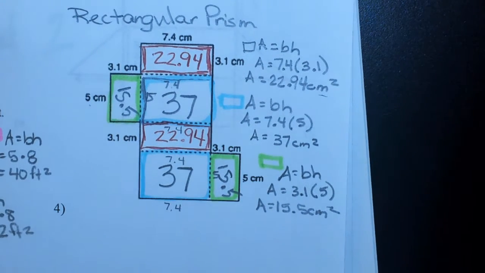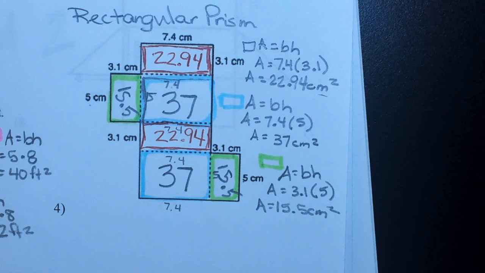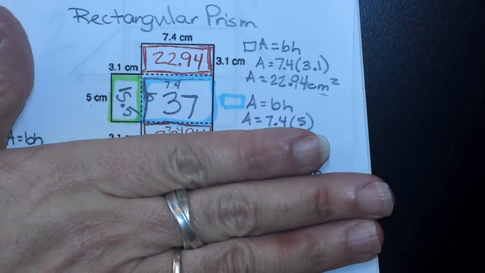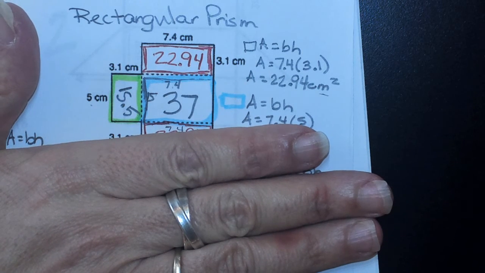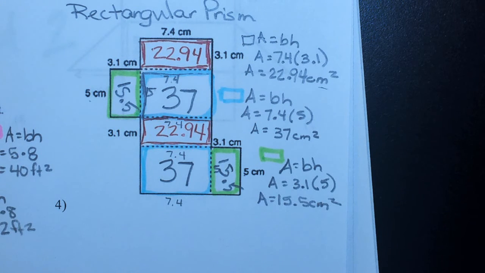And then the key is adding them up correctly, even when there's decimals. What I usually do is this. There's 2 of each shape, right? So I usually add those 3 together, get a total, and then times 2.